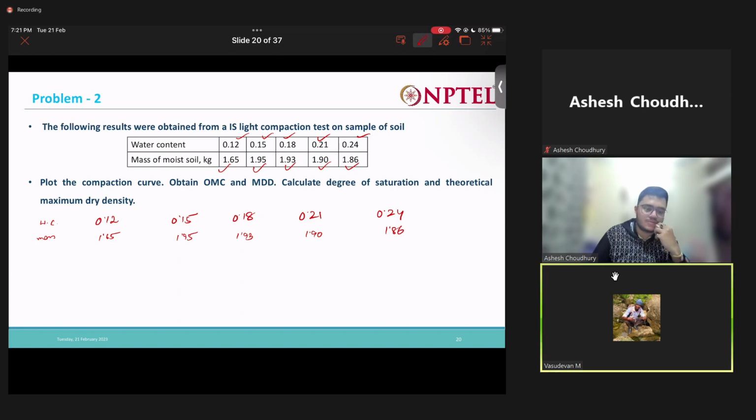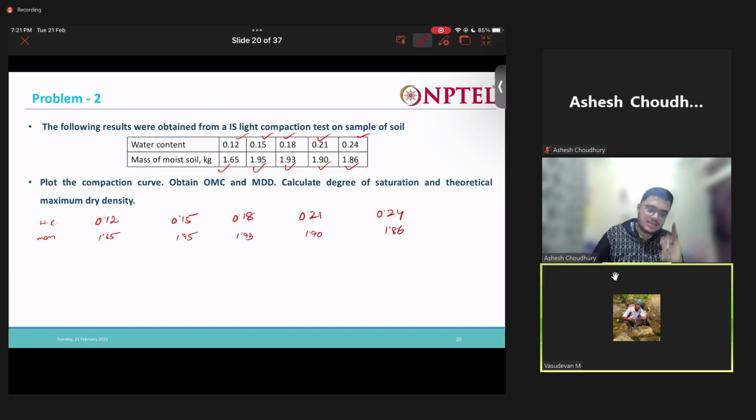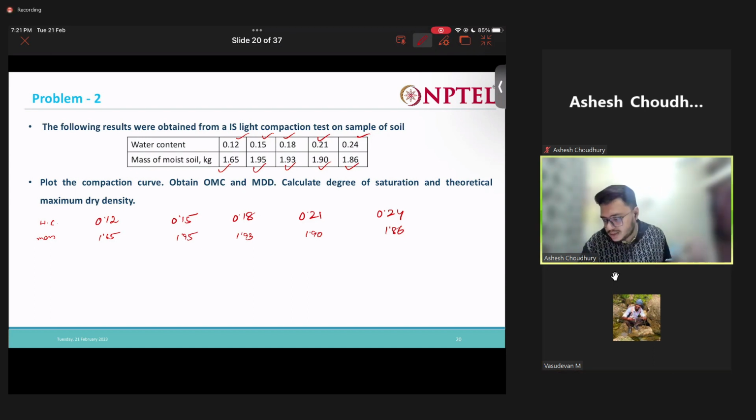We need the dry density and the water content. We need these two parameters. So we have the water content, and we have the moist mass. Can we calculate the moist unit weight?